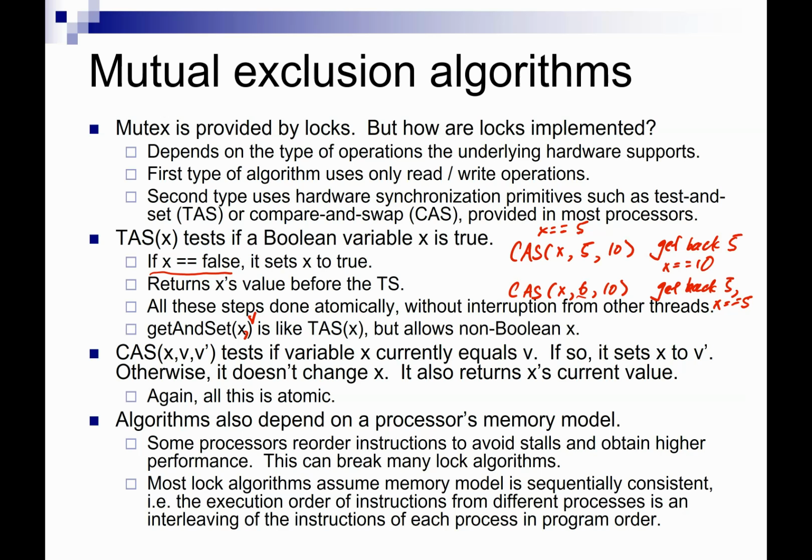So most lock algorithms assume a sequentially consistent memory model. That just means that if you have a process that is supposed to do a sequence of steps, let's say 1, 2, 3, then those steps do not get reordered during the actual execution. They can get interleaved any way you want with other processes, but they're not going to get reordered.